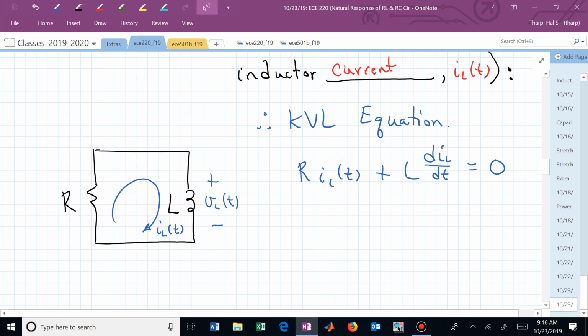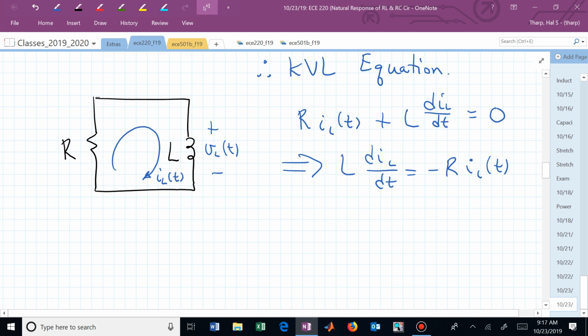If we're playing with differential equations, we probably want to start isolating the time rate of change variable. It's first order. We're just going to have one of those. Let's put one of these on one side of the equality sign, and the other term let's keep where it is. Let's now say we have L di_L/dt is equal to minus R i_L(t).